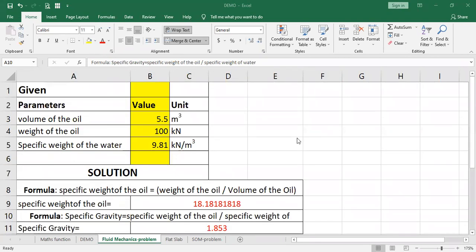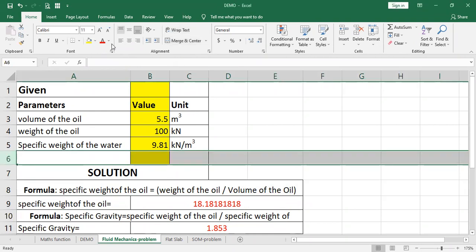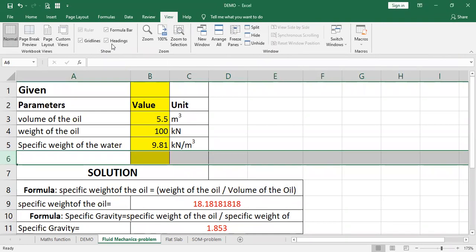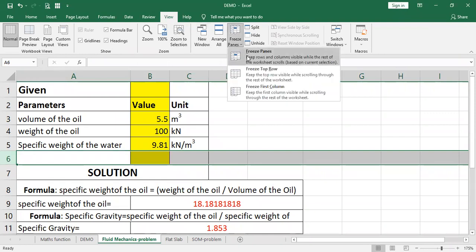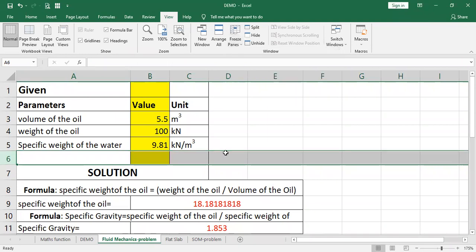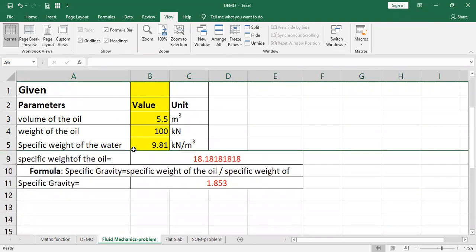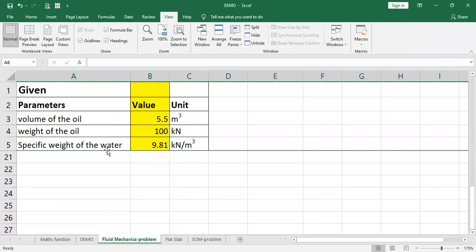There is a very simple way. Suppose you click on this row, go to the view option, and then there is freeze panes. You can just click on this freeze option. Now you just scroll down, and you will always see this given parameter.